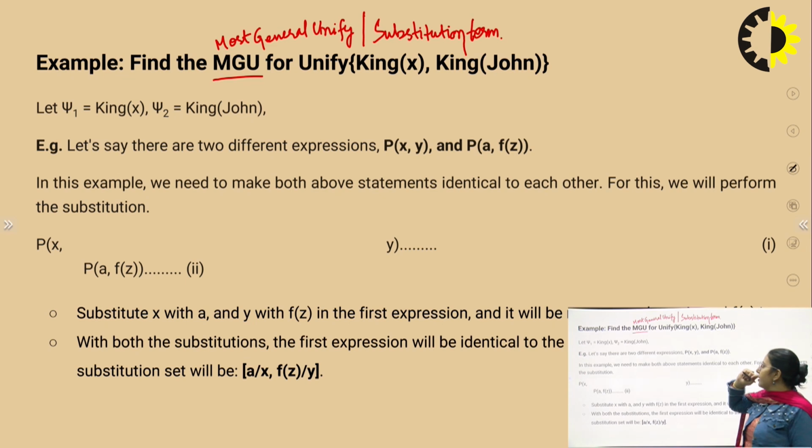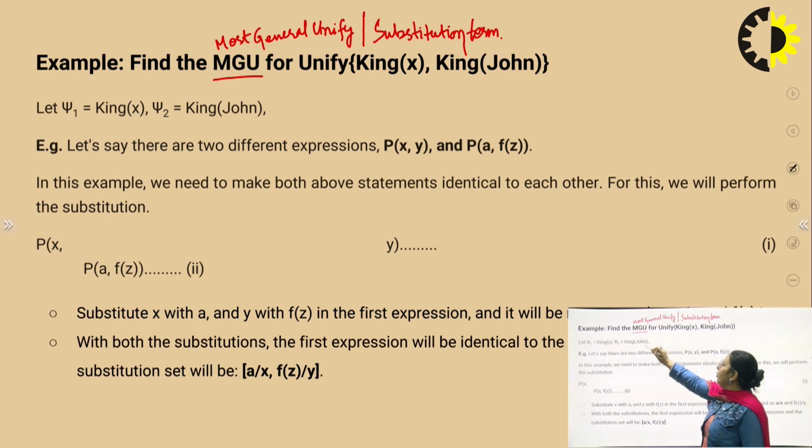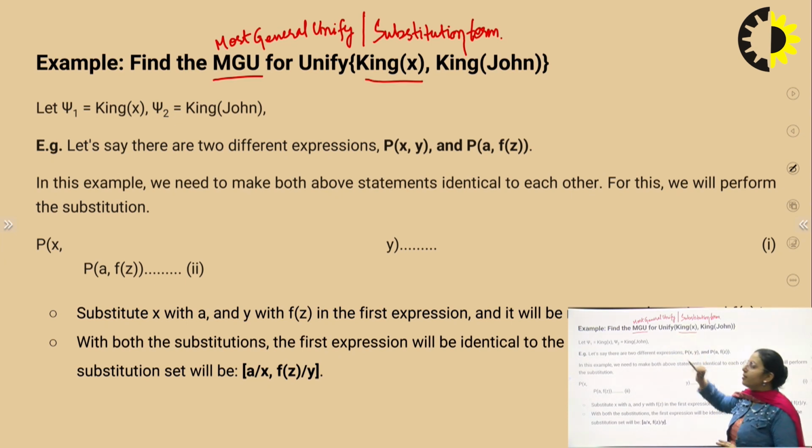So here is an example. We have to unify two atomic expressions that are not identical, meaning they are different. The first expression is X is a king, meaning some X is a king, and the other one is John, where X is replaced by John, meaning John is a king.